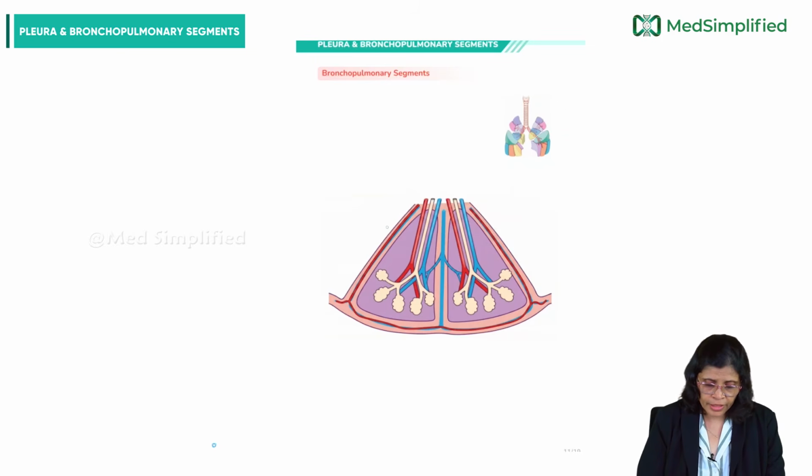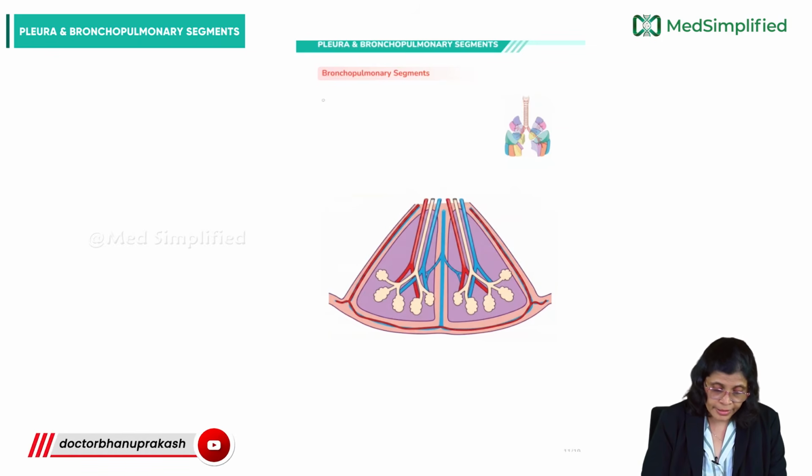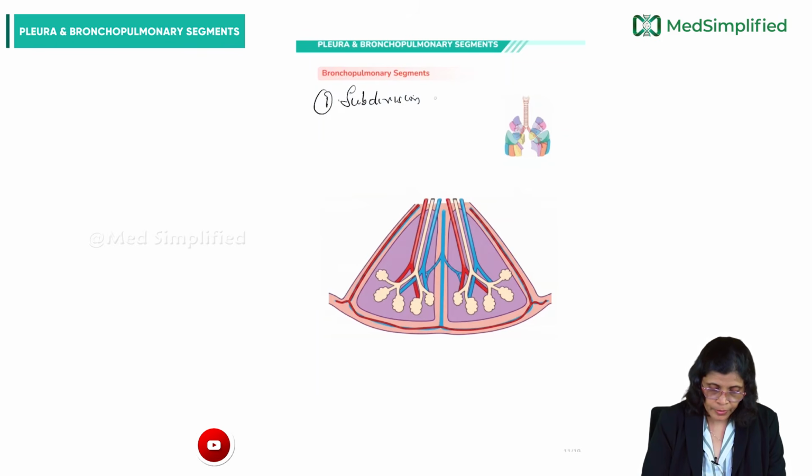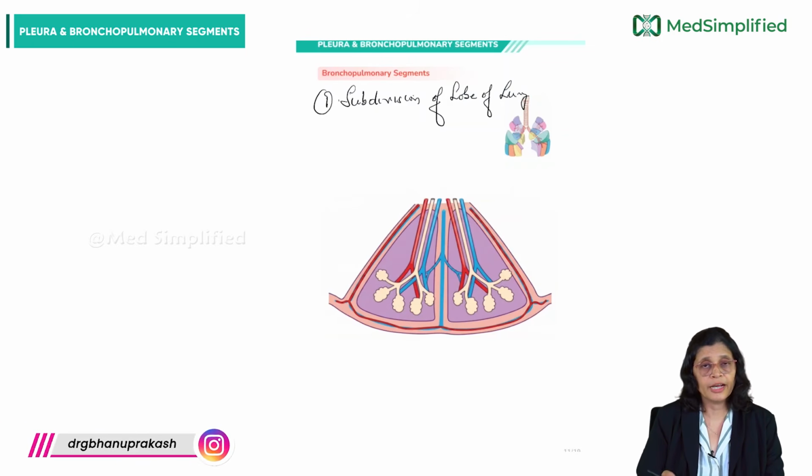Looking at the characteristic features of the bronchopulmonary segment, one thing is that it is a subdivision of the lobe of the lung. Each lobe of the lung is further subdivided into bronchopulmonary segments.